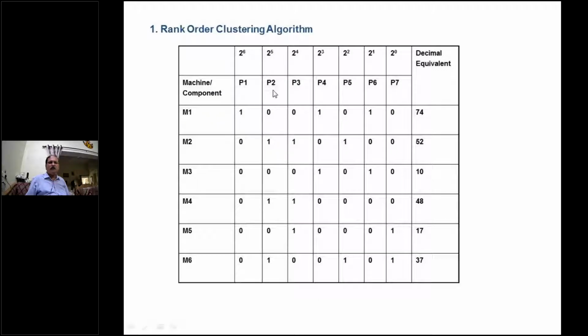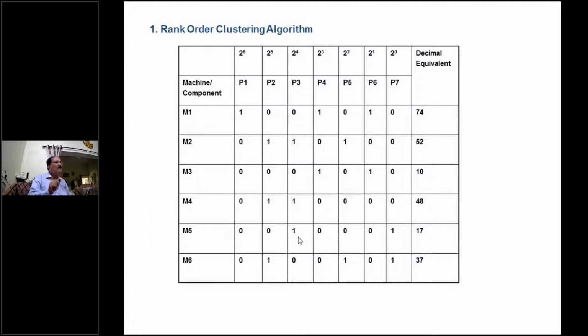Part 2 needs operations on machine 2, machine 4 and machine 6. We are not telling the sequence of operations, whether the first operation is on machine 2, then machine 4, then machine 6.